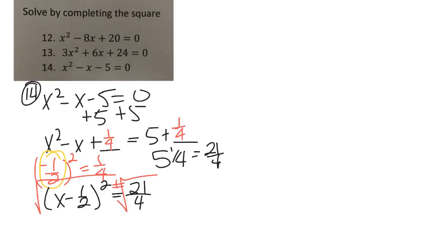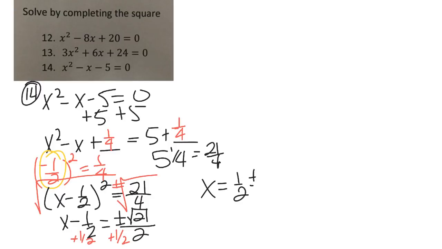So leave it as a fraction. Square root of 21/4. And we get x minus 1/2 equals plus or minus the square root of 21 divided by 2. And then we're going to add 1/2. And we get x equals 1/2 plus or minus square root of 21 over 2.